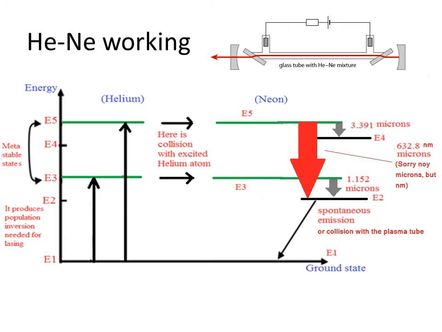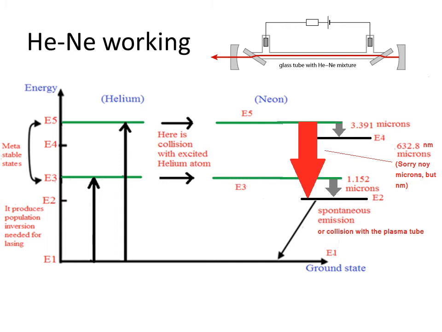So essentially, the atoms of neon are now transferred from the ground state E1 of neon to its two excited states E3 and E5, and for this transition we have used the help of helium atoms.